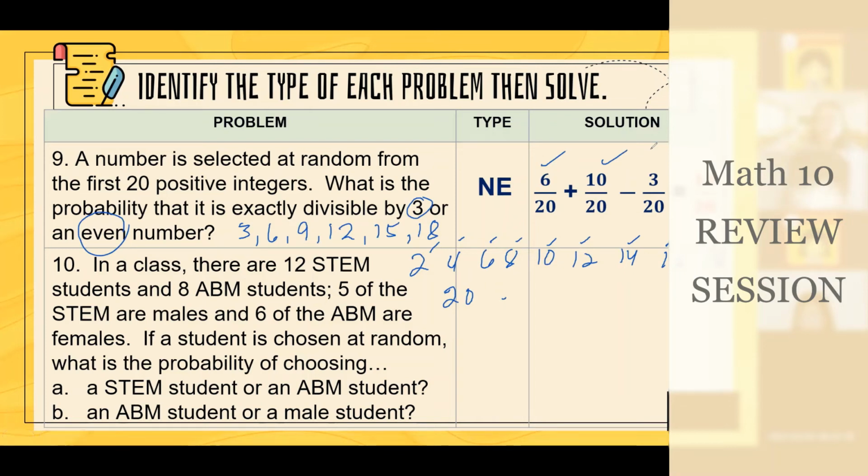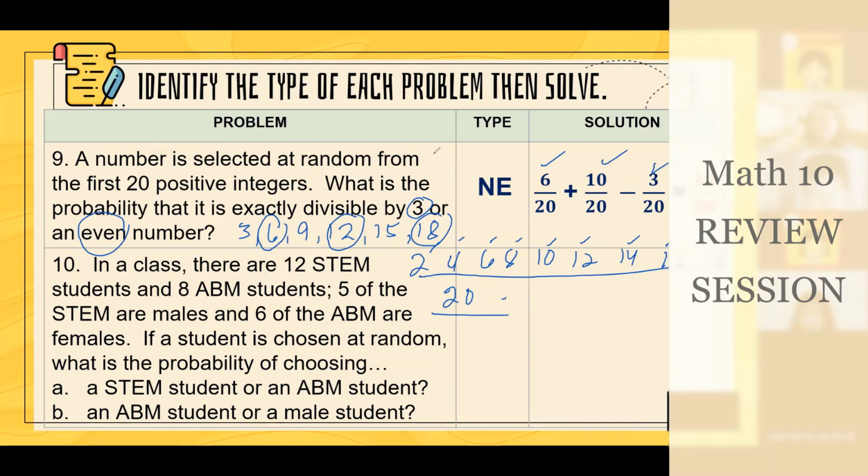What are the numbers which are divisible by 3 and at the same time even number? So, yun yung 6, 12, and 18, right? Which are also here in divisible by 2 or in even number. What else? Wala na, di ba? So, only 3. That's why minus 3 over 20.